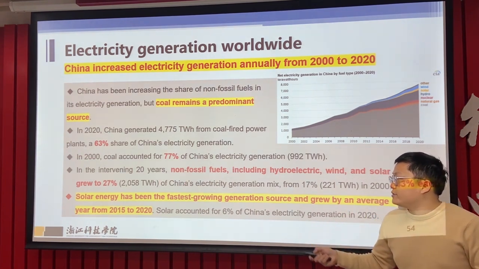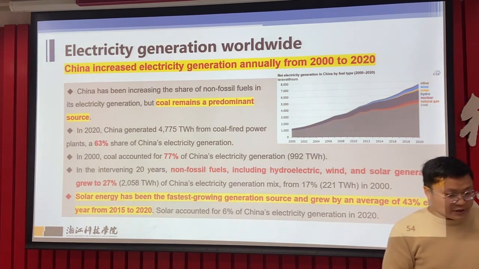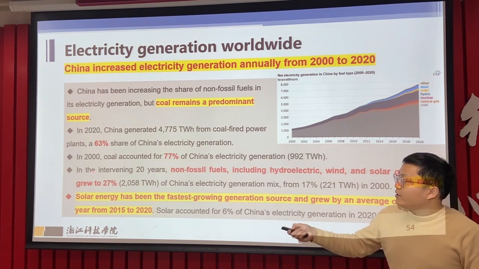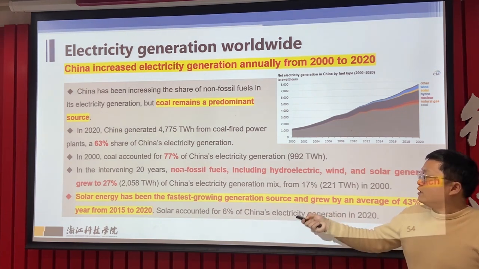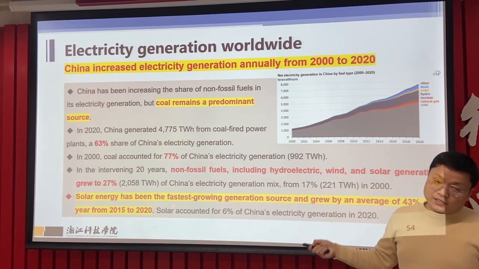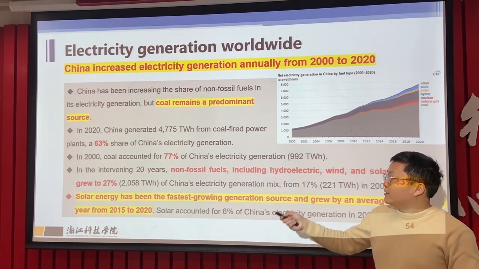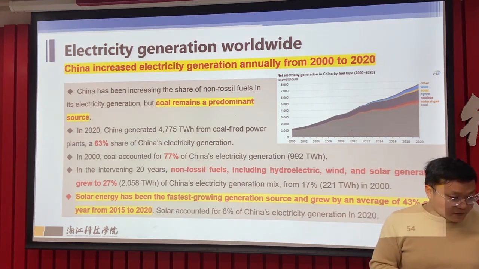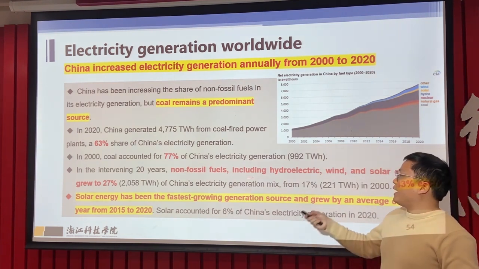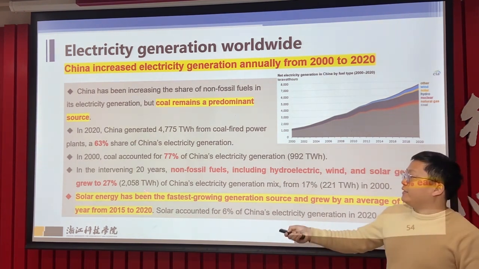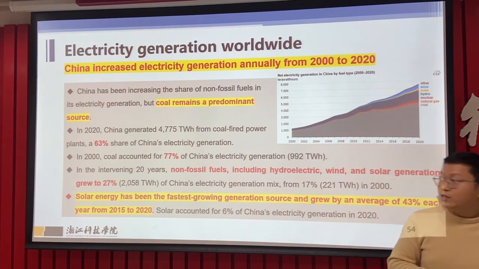In the past 20 years, non-fossil fuels, including hydroelectric, wind, and solar generation, grew to 27% of China's electricity generation mix. We can see the electricity generated from non-fossil fuels increased to 27% in the past 20 years.